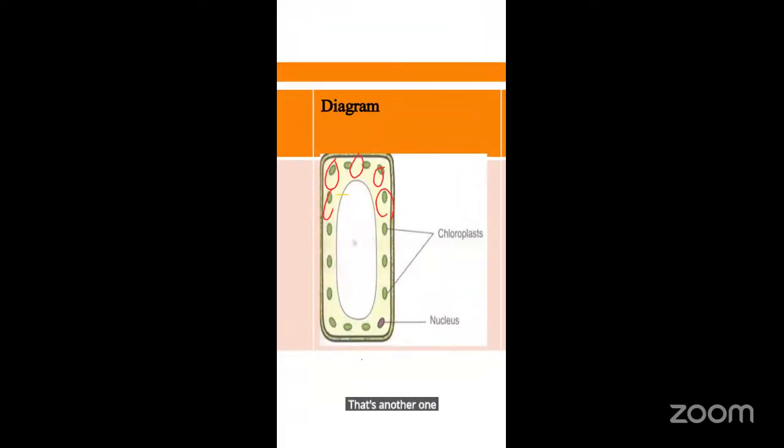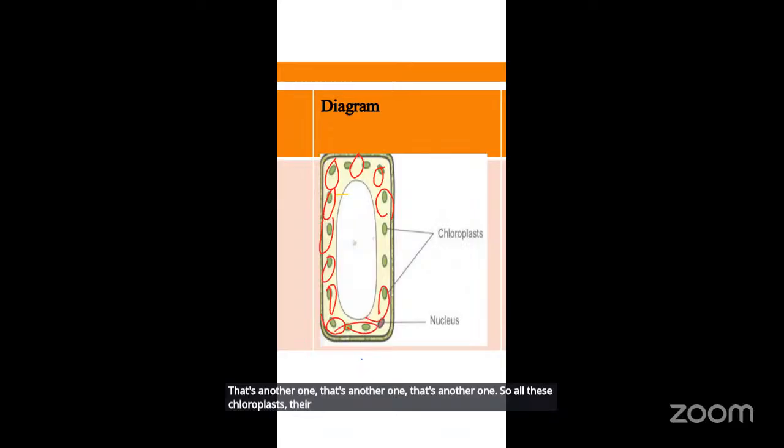Now, palisade cell is a layer of a leaf in most plants, and one adaptation of a palisade cell in a plant is that it has many chloroplasts. All these chloroplasts have the function of carrying out photosynthesis.